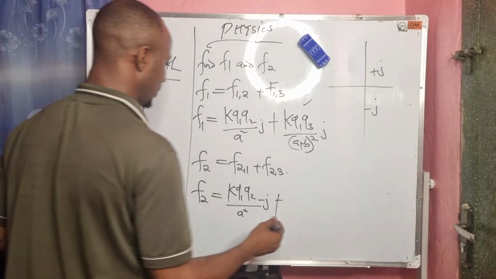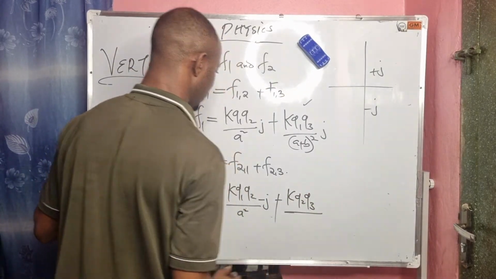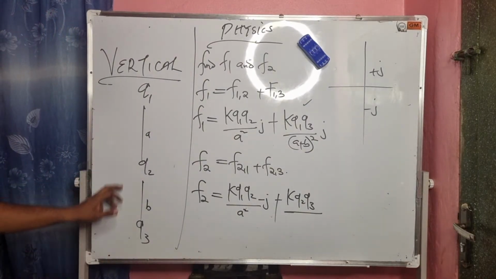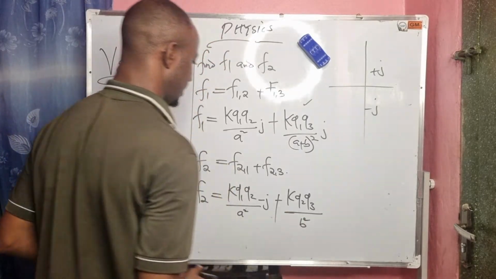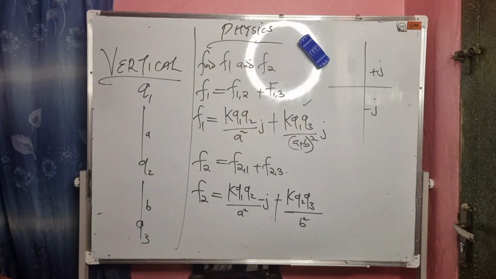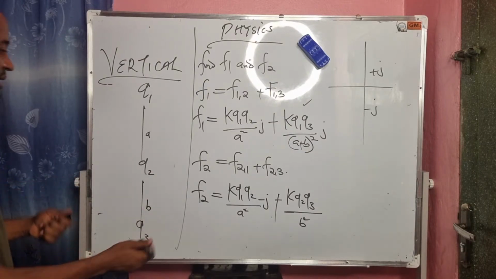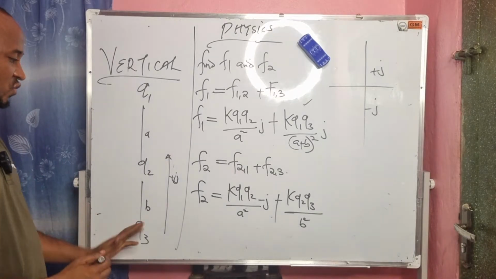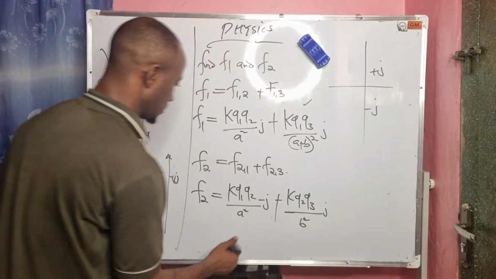F23 will give us K Q2 Q3 over the distance between charge 2 and charge 3, which is B, so B squared. From 3 to 2 we are going up, towards positive J. Let me rearrange this.